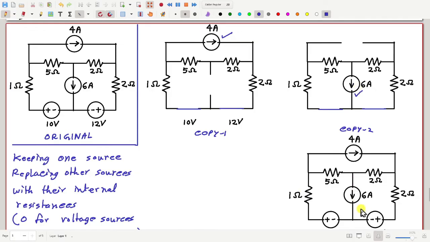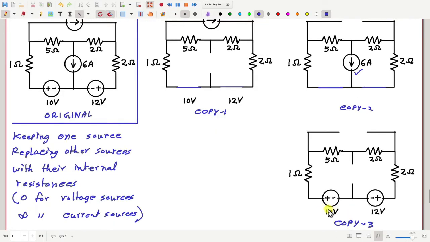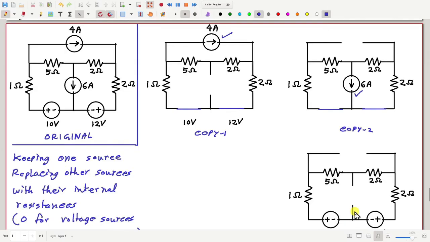Then in the third copy, let me remove this 4 ampere source and replace it with infinite resistance, remove the 6 ampere source and replace it with infinite resistance, and let me keep these two voltage sources. In this way you see that I have 3 copies and all sources are kept exactly once.